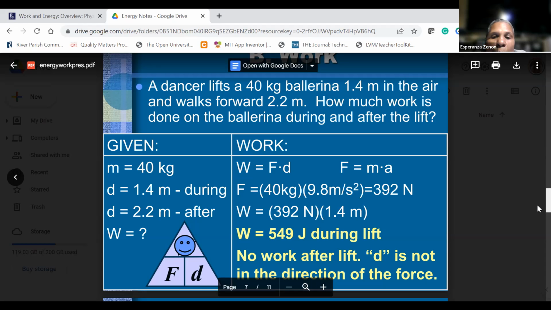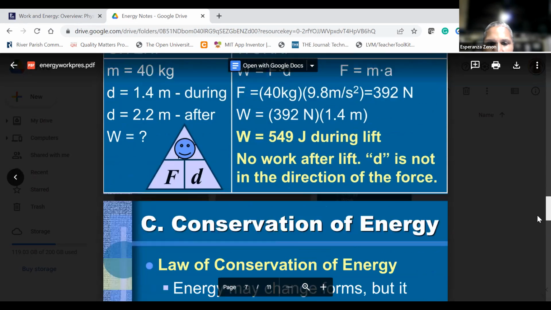So do not mix up weight, which is a force, in this case 392 newtons, with work, which is force times distance, which is 549 joules of work being done to lift the ballerina. And then after the lift, walking around with the ballerina, no work is being done because the force and distance are perpendicular, not in the same direction.